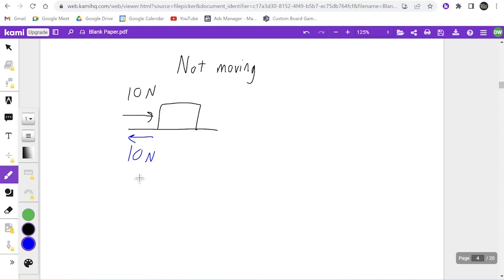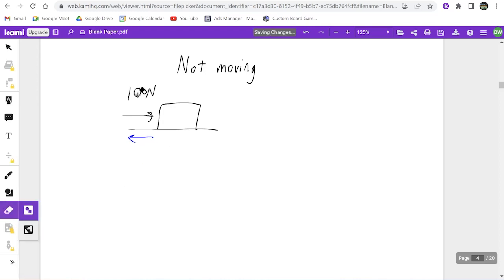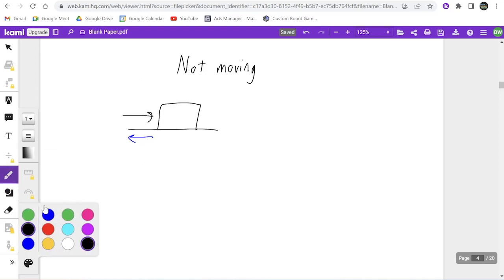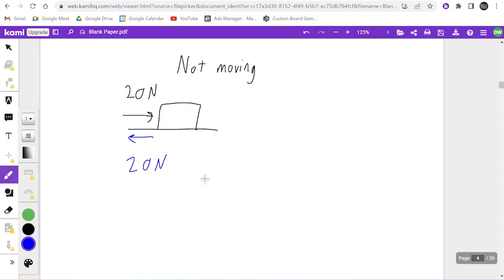So that makes sense. Now let me do something else. Let's say now I push with 20 newtons, and it's still not moving. Now what's the static friction force? Well, now the static friction force is 20. In other words, it will always match whatever my pushing force is, until I finally get it to start moving.